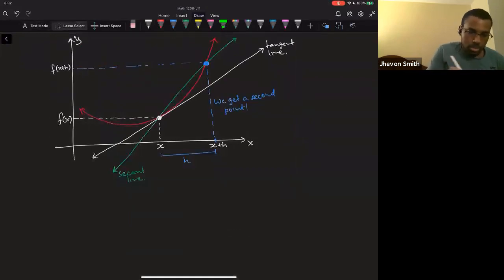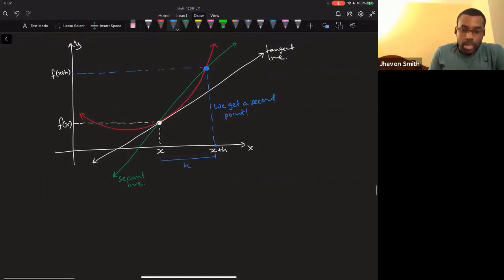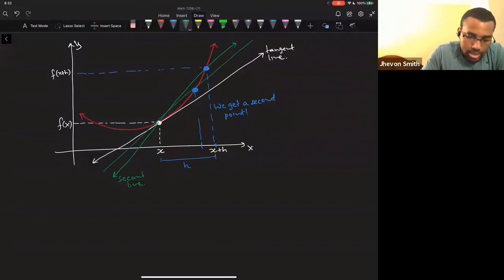So what we can do here is start moving that point up. How can we do that? Well, make the distance smaller so I can get another point, and I would have that secant line. And I can make the distance even smaller. I would get another point, and I can get that secant line. And I can make this point get closer and closer, and I would get that secant line.